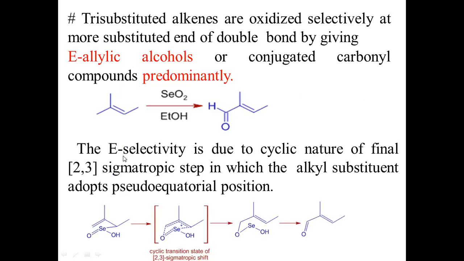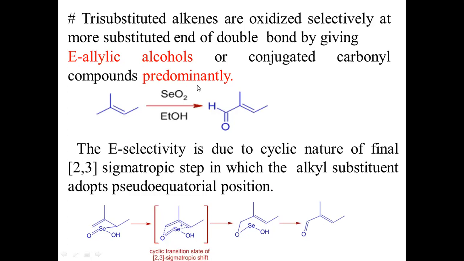Next, let us see some rules to be followed during oxidation of allylic positions. See, this is a trisubstituted alkene. So trisubstituted alkenes are oxidized selectively at the more substituted end of the double bond, giving E-allyl alcohols or conjugated carbonyl compounds predominantly. Why?